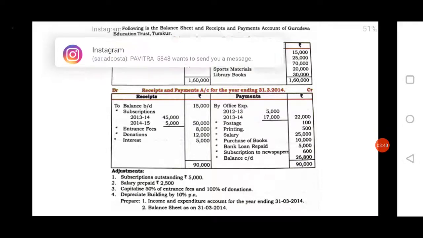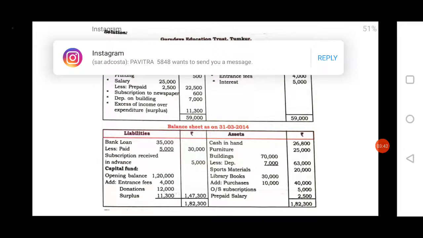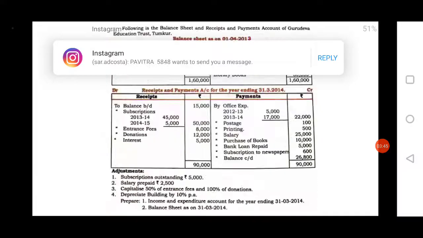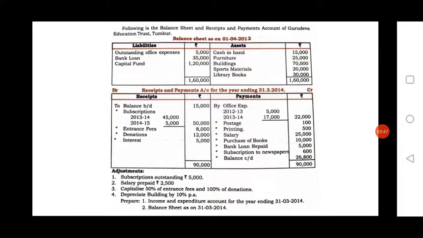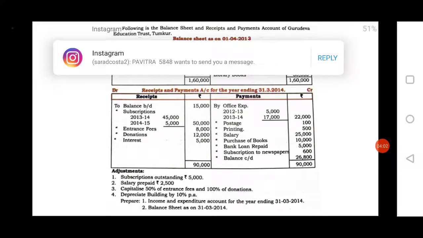Next, here you have to record, in the adjustment they have given depreciate building by 10%. Depreciation is recurring in nature, therefore in the expenditure side only you have to record depreciation on building. You have to calculate 10% on the building value, that is the opening value.